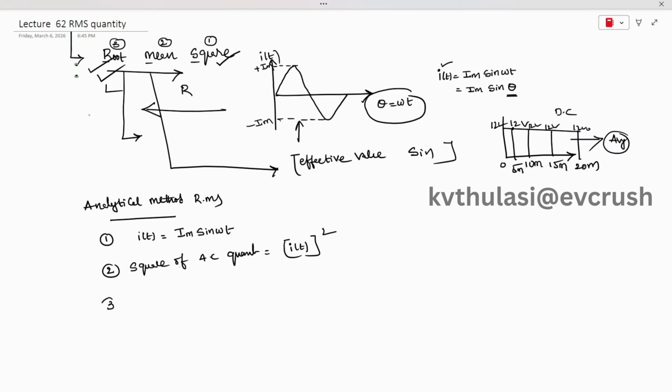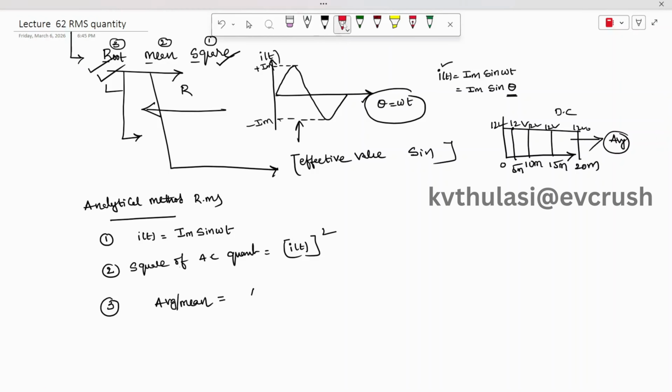Coming to the next step, find the average value or mean value. To find the average or mean value, we have to find the area of this curve.